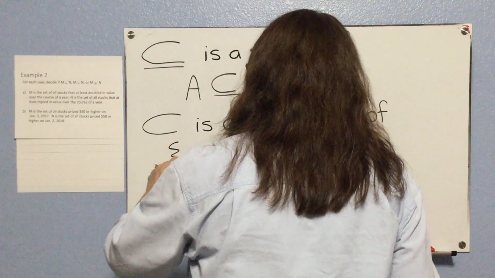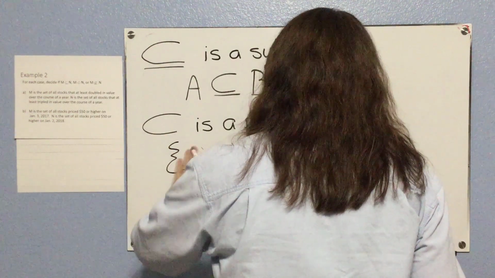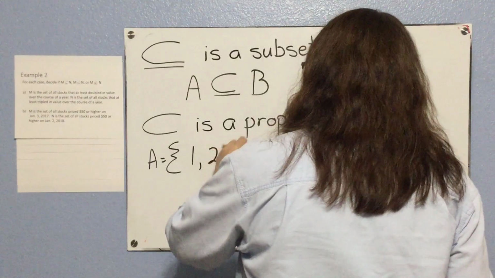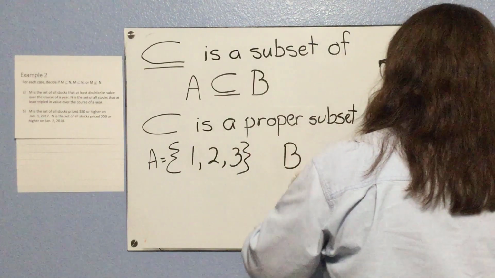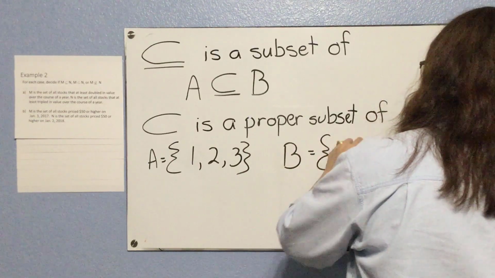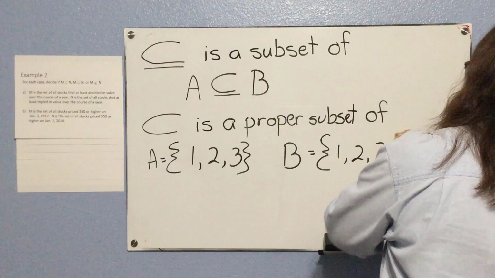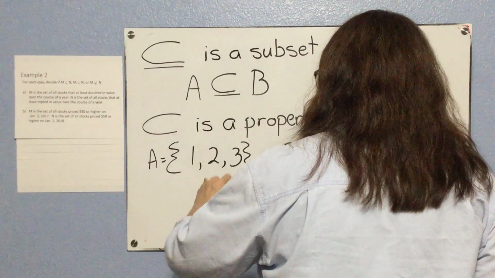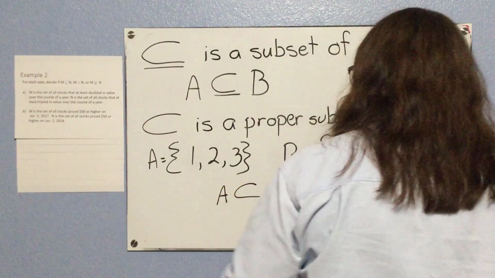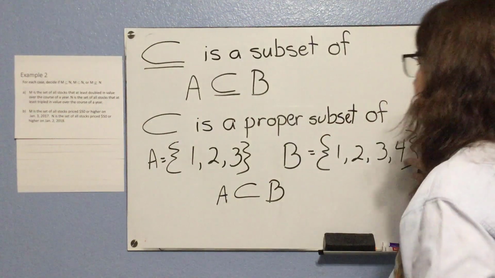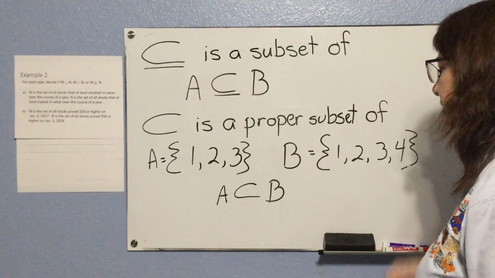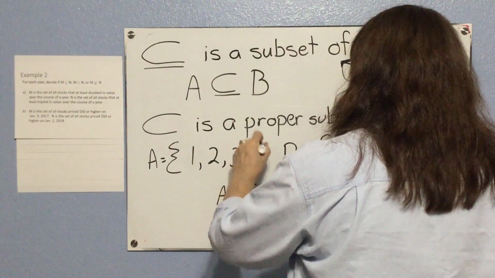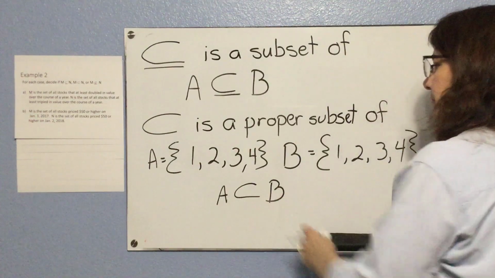So if I were to say, let's say, set A contained 1, 2, 3, and set B contained 1, 2, 3, 4, then it would be correct to say that A is a proper subset of B, because this element 4 is in B, but it's not in A. Now, if I were to add that 4 to my set A, now this is not true.